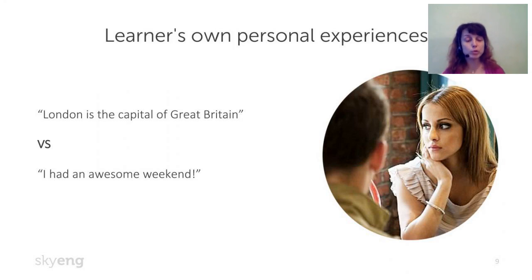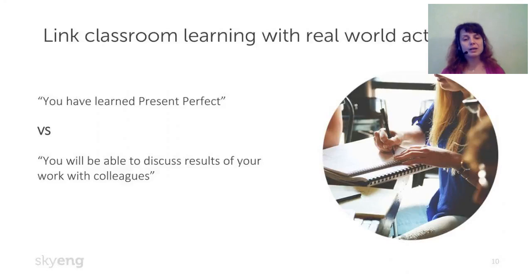Because in this way they can see how it can be used somewhere else, not only in the classroom. Because in real life we don't tell each other some universal truth about London or some geography or something like this. Everyone remembers this sentence, that is right, but where exactly can you use it? I don't see any way to use this sentence in real life. And linking classroom learning with real-world activation.